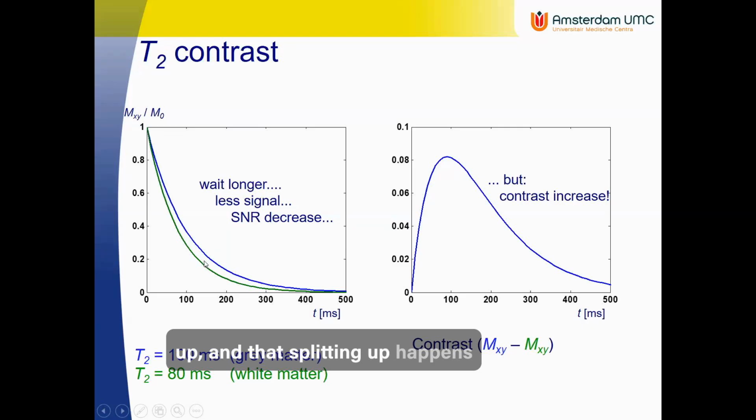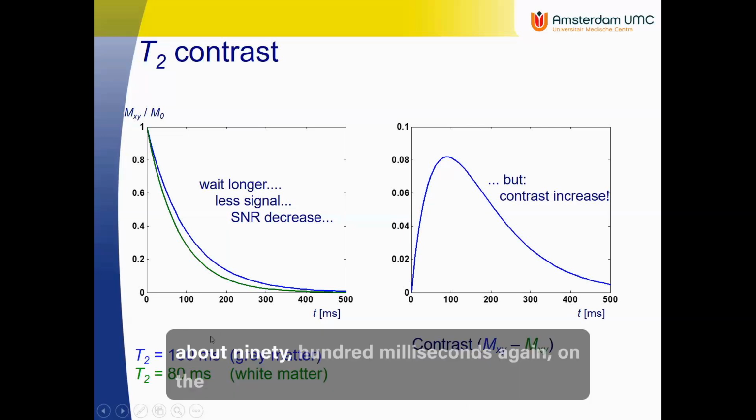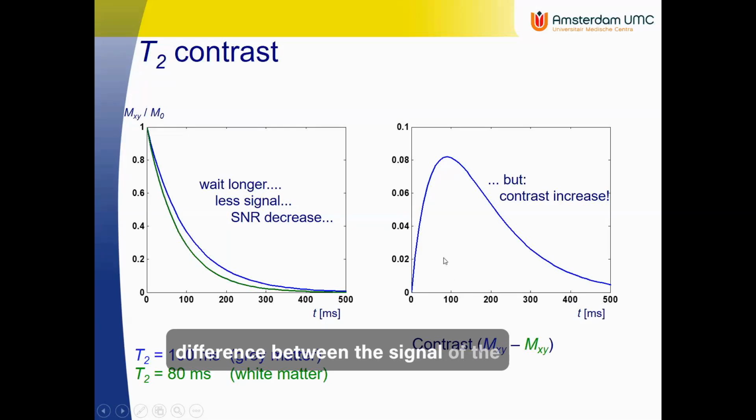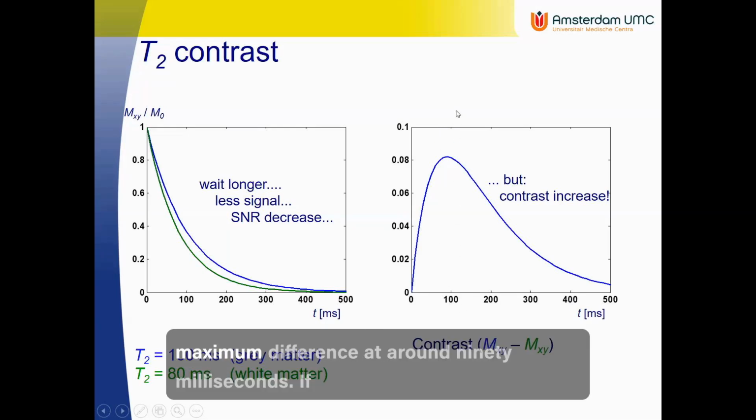That splitting up happens roughly in the same order of magnitude as the T2 time constants of each of the tissues. If I, in this case, wait for about 90, 100 milliseconds, on the right hand side here, I have the difference between the signal of the white matter and the gray matter, and I get a maximum difference at around there.